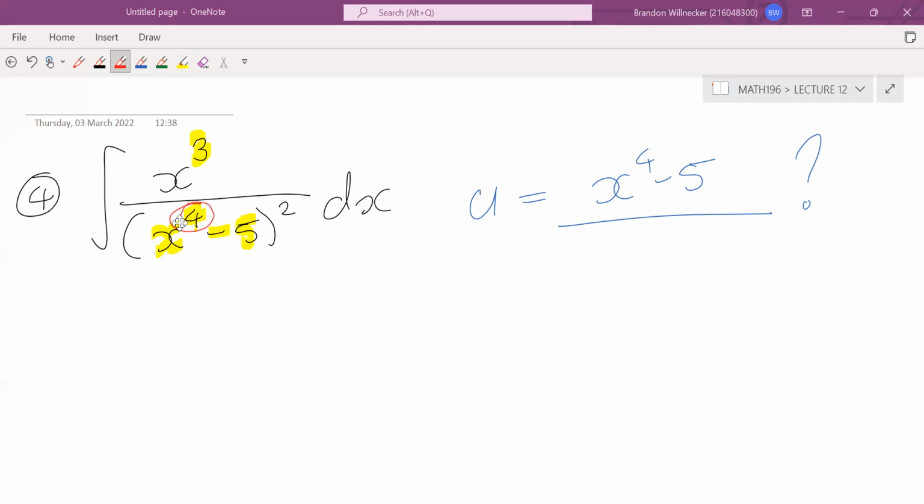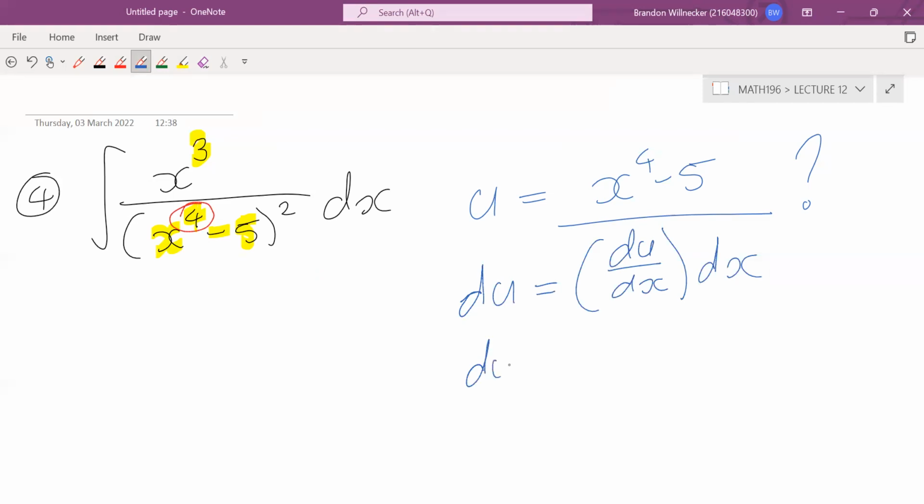Because remember, I'll just show you now. So we've got u. If we try to find du, that's going to be du by dx dx. Okay, so remember we're using the higher exponent. So du is going to become 4x cubed dx. You see how we get the lower exponent back.